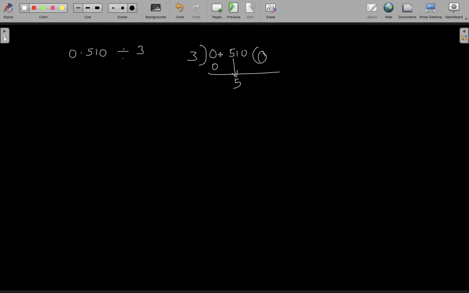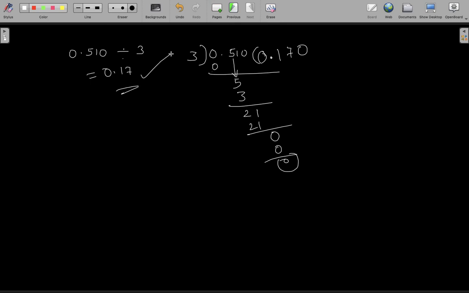So here I am bringing down 0.5, so I am introducing a decimal point here. And 3 times 1 will give you 3. 5 minus 3 is 2. Now bring down the next 1. 3 sevens are 21. This is 0. Now bring down this 0. 3 times 0 is 0, giving you a remainder 0. So its value is 0.170, or I can simply write it as 0.17, right?